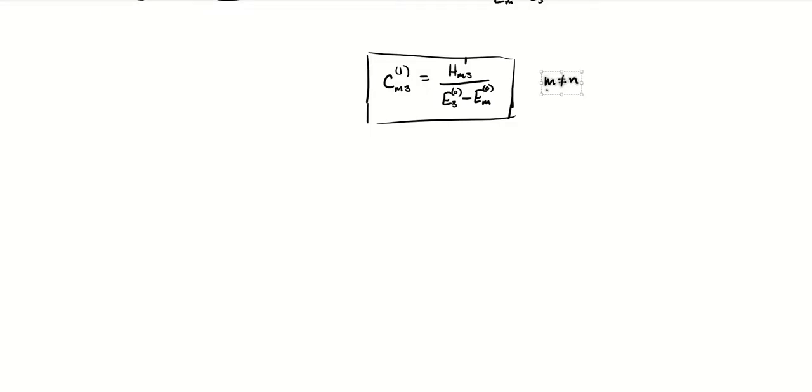See how that works? Let's just consider what normalization means. Our state, inner product with itself, should be equal to 1 for that state to be normalized, right? And we can write our eigenstate, to first order, as our unperturbed eigenstate plus this first order correction, right?